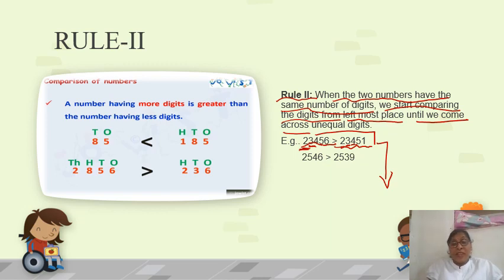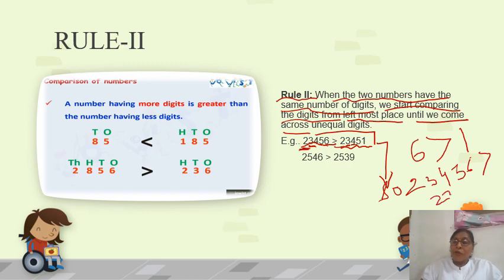The next 6 and the digit 1. Now which is greater, 6 or 1? We compare. Then 6 is greater than 1. So the number 23456 is greater than 23451.